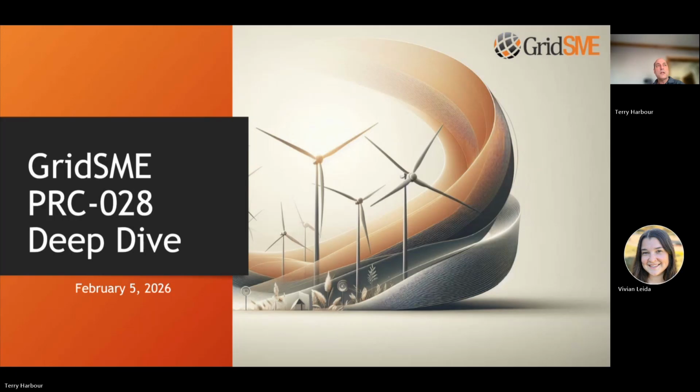Thinking about when the standard will become effective, FERC needs to approve this standard, and then you'll have 12 months after FERC approval. So I'm guessing this could be next year at this time, approximately. Okay.